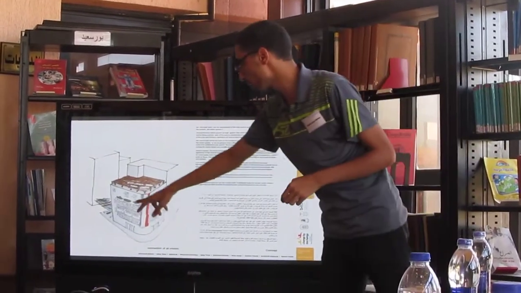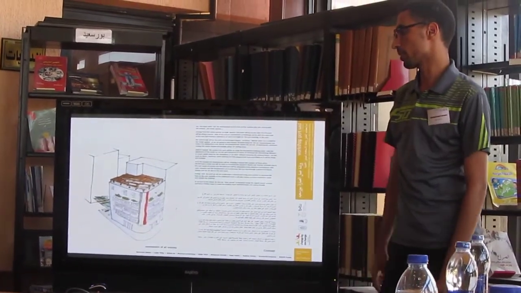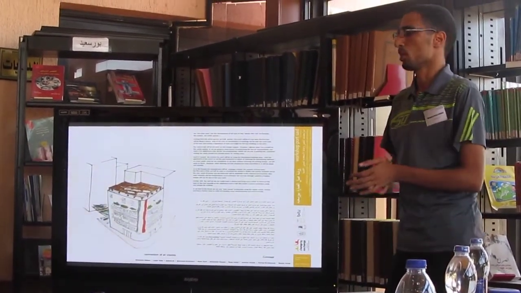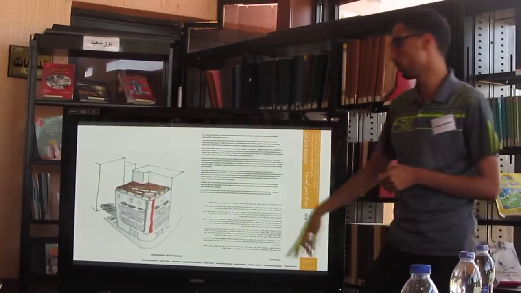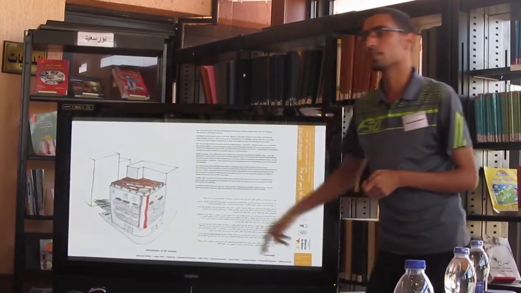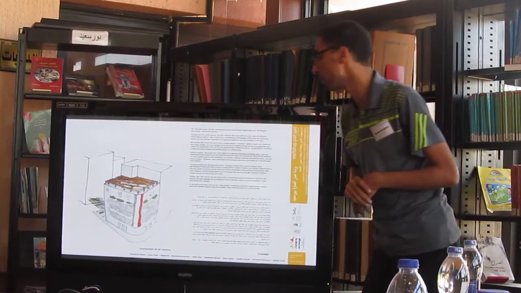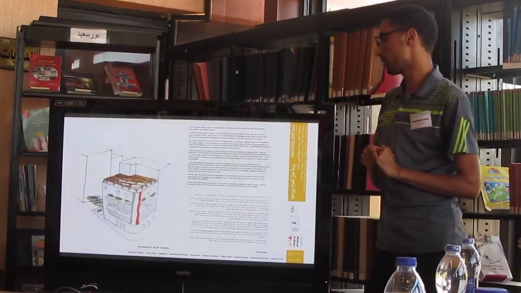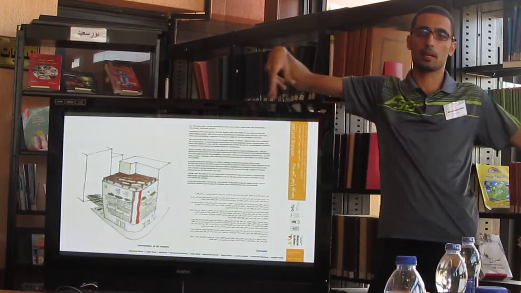And about the roof, we thought that the building can't carry lots of structure, so we decided to make some planters and green areas that may decrease the amount of heat there.